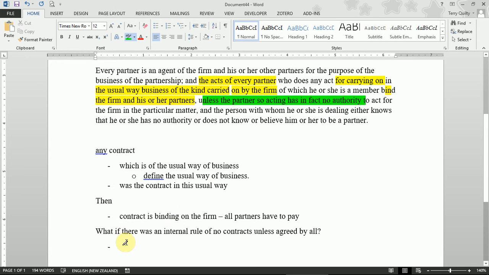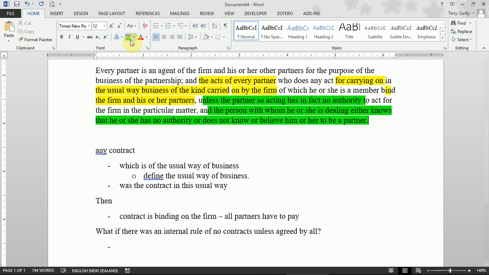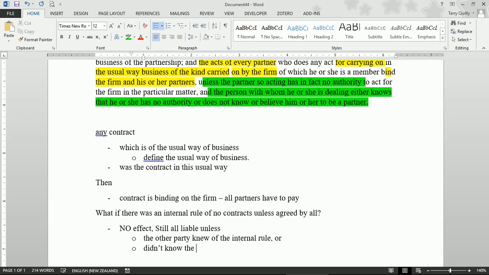In this particular case, the partner has no authority, but it requires this other condition: the person knows he has no authority, or doesn't believe him to be a partner. So our answer to that question is it has no effect. Still all liable, unless the other party to the contract knew of the internal rule or didn't know the person was a partner.